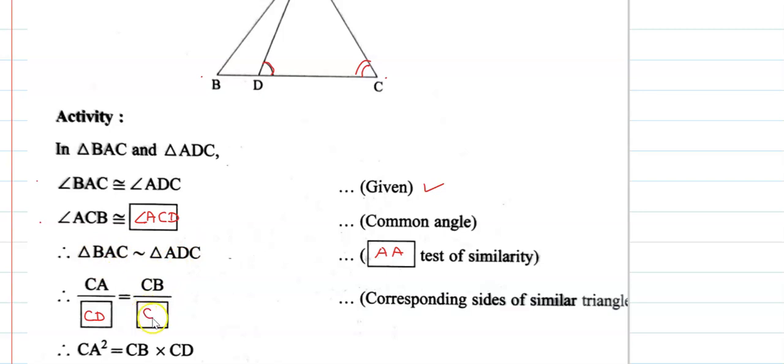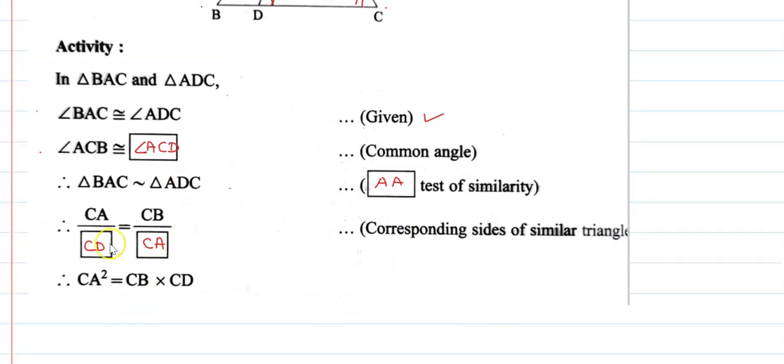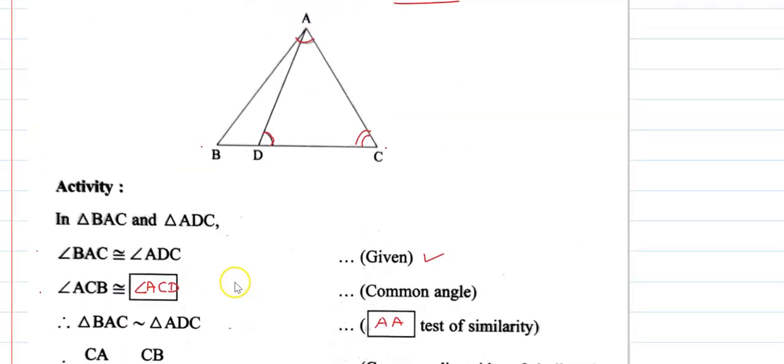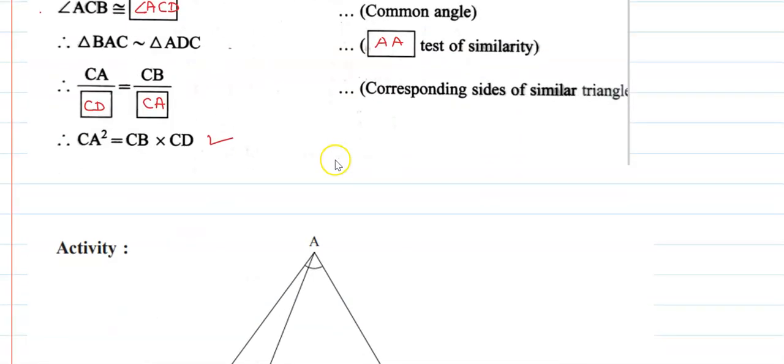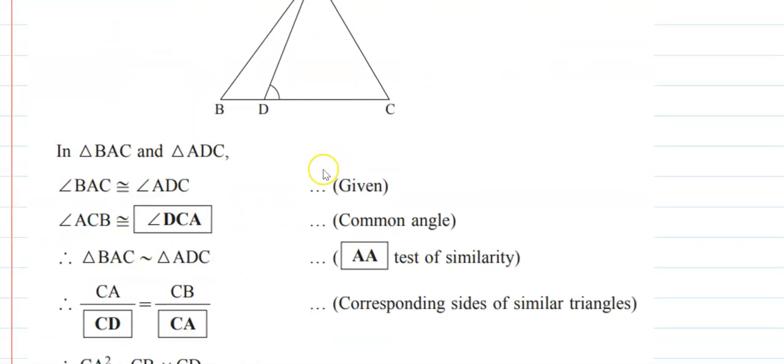If we perform the cross multiplication, CA into CA, you will get CA square is equal to CB into CD, and hence it is proved. One angle was given congruent and one is common, and therefore these two triangles are similar by the angle test. Now you can see this again.